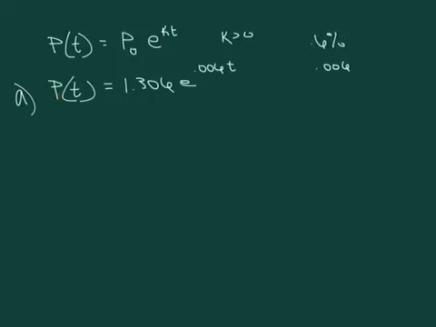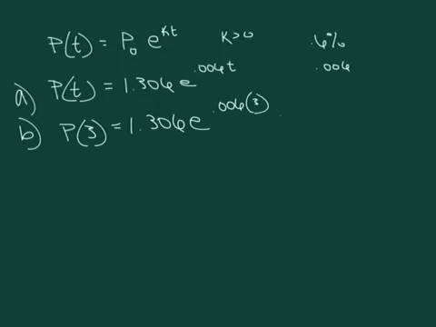In B, that's what they want to know. What will the population be in 2008? Well, we started with 2005, so in 2008 it'll be 3 years. So 0.006 times 3, multiplied together, gives me 0.018, so I have 1.306 times e to the 0.018 power.